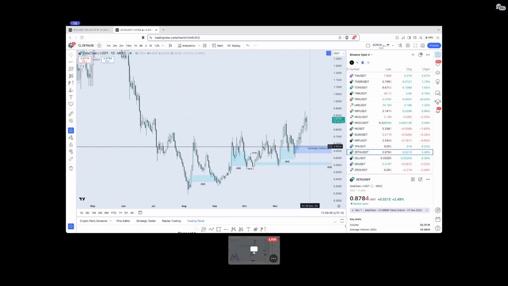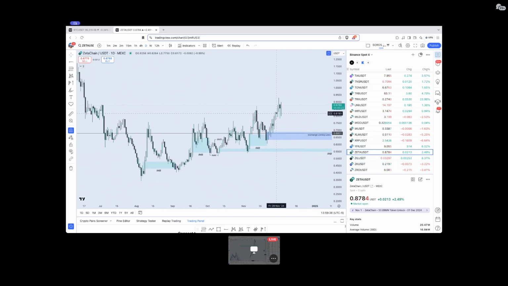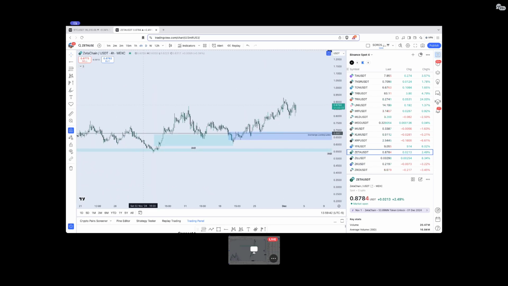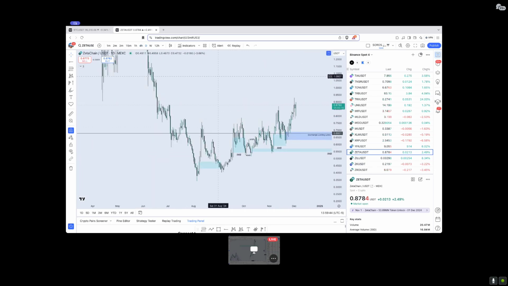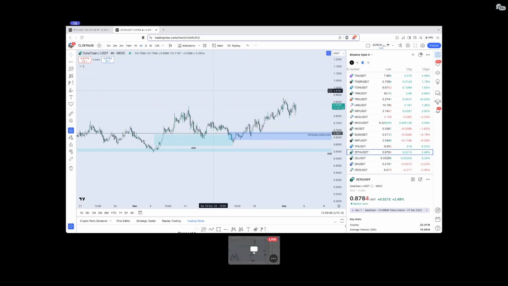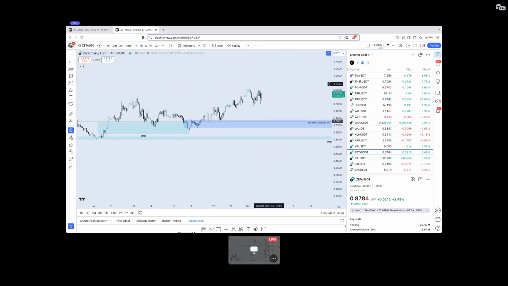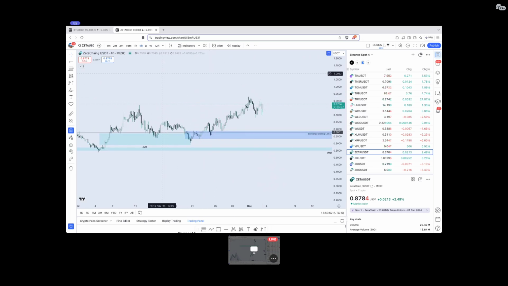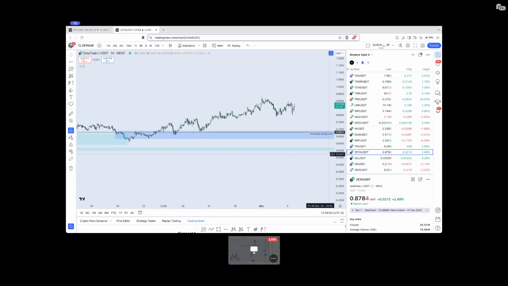So yeah, based on this, if you just look at this fractal right here on the daily, it's pretty clean. It looks like there's someone bidding the price up here and they're not letting it get below the previous low. That looks a bit TWAP-y to me.